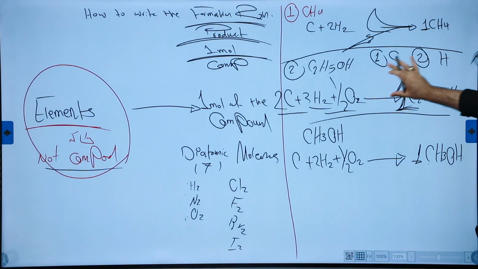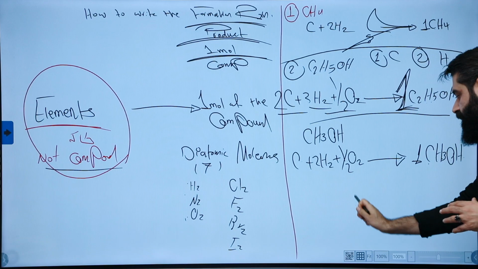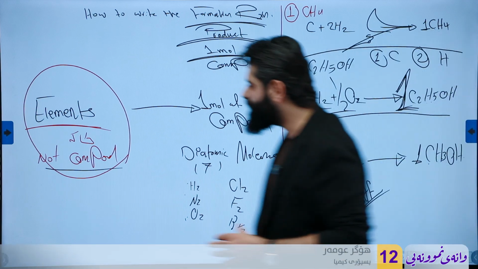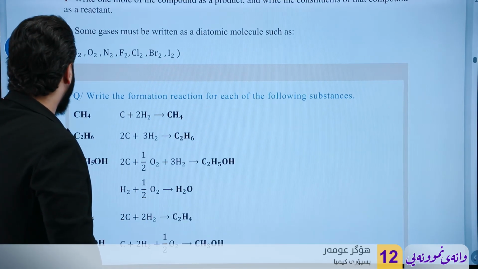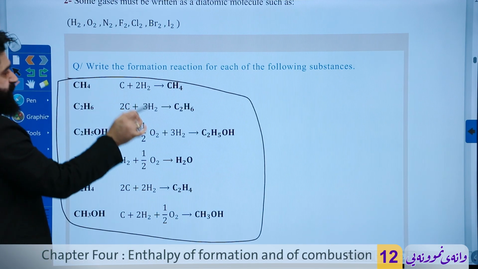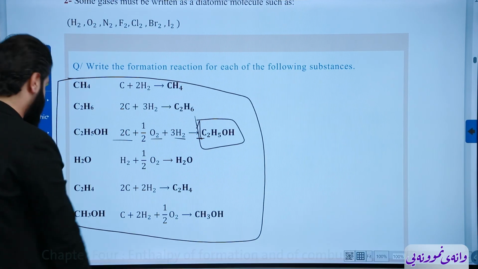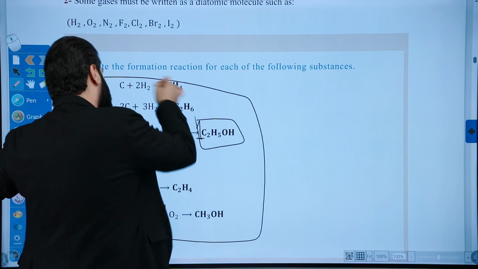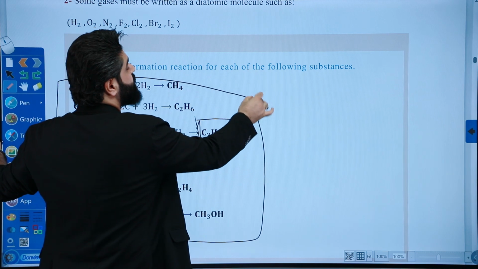The amount of energy that is released or absorbed, I will say transferred, during the following equations is called delta HF, heat of formation.